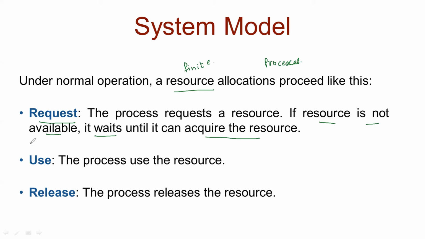Next, suppose the request is granted, and the resource is allocated to the process. The process will then use the resource. Once the process has used the resource, it will release the resource.